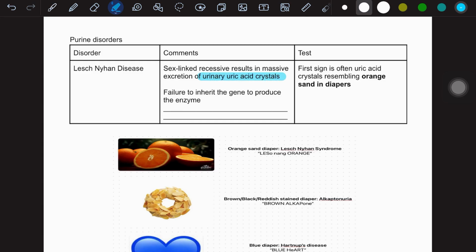This is the failure to inherit the gene to produce the enzyme hypoxanthine guanine phosphoribosyltransferase.